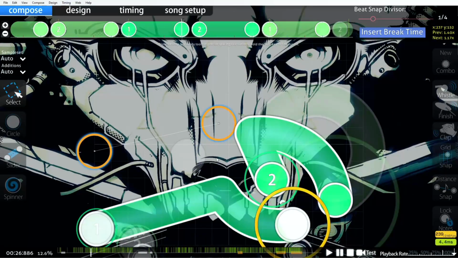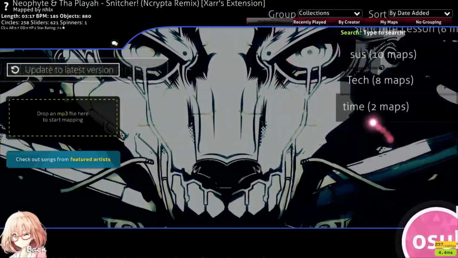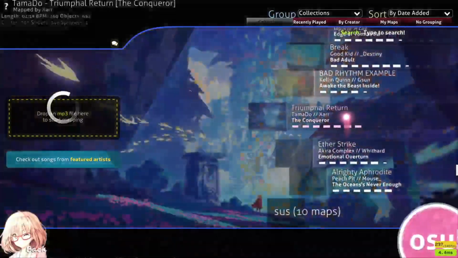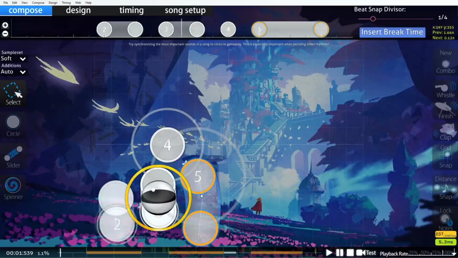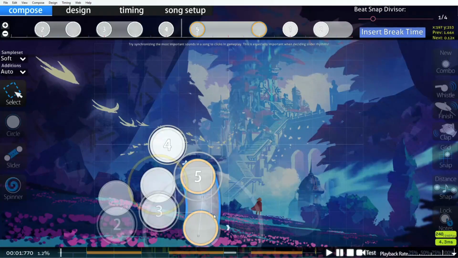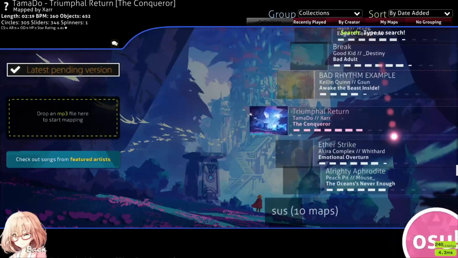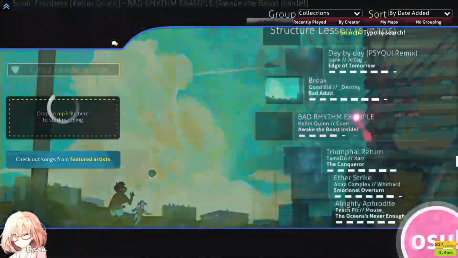Only lines are perfectly aligned. And that is exactly why we have a curvy slider here. Because it's not perfectly on axis. If this was a line, it would be perfectly on axis. Anyways, on to the next map.